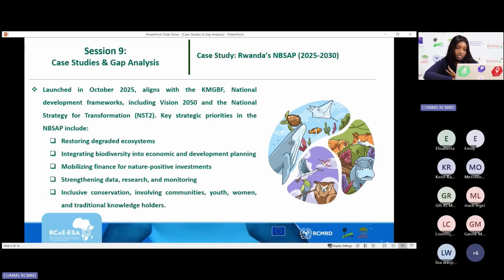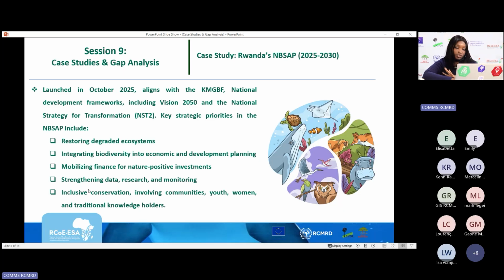Like I said, we will look at the current one, the one running from 2025 to 2030. It was launched last month. Some of the key strategies and priorities in this NBSAP, again, we can see they are marrying each other with the land use plan. That is restoring the degraded ecosystems, integrating biodiversity in the sectoral sectors.